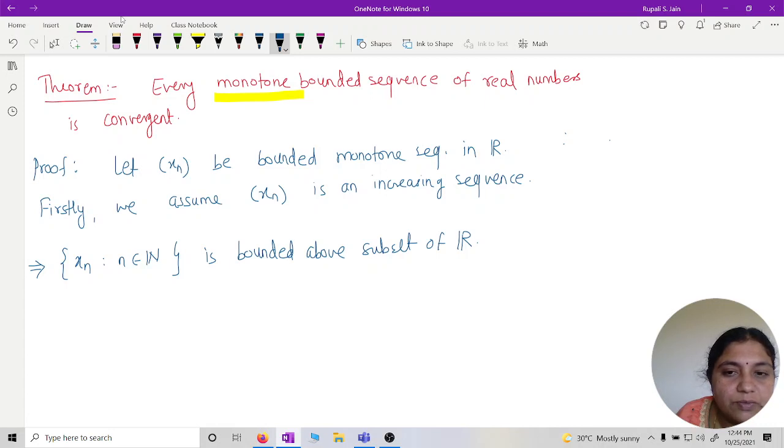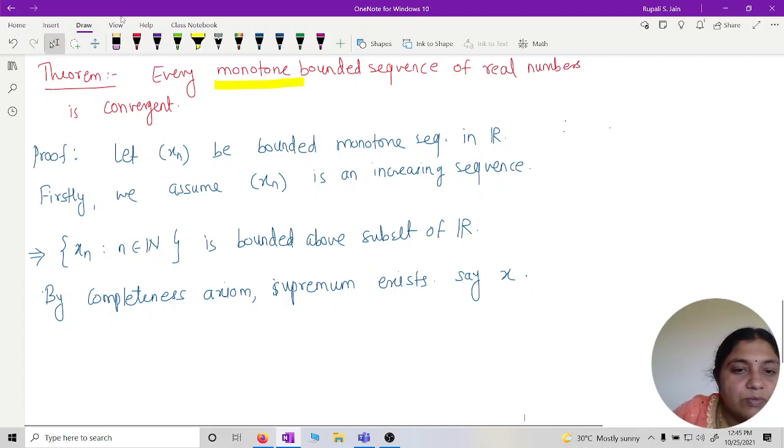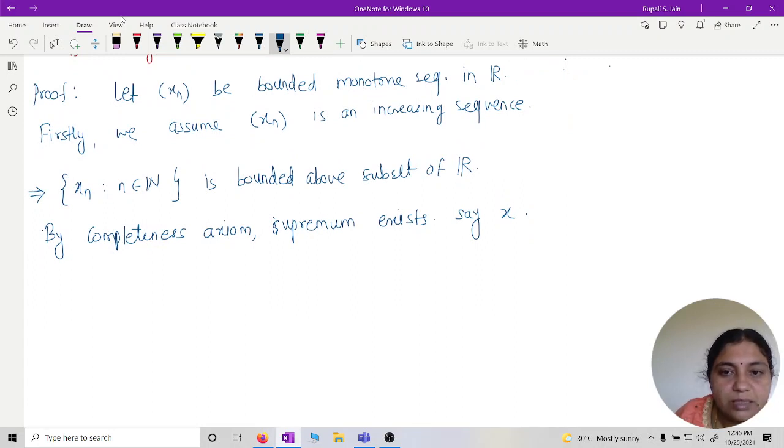Xn is a bounded above subset of R. So by the completeness axiom, its supremum must exist. By the completeness axiom, for this set the supremum exists and say it is x.